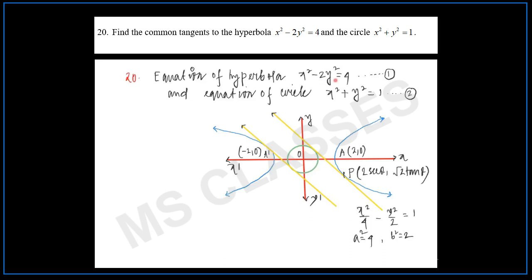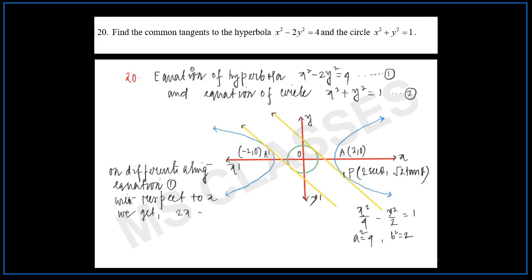Further, we have to differentiate the curve, because we know the slope of the curve at the point P equals the slope of the tangent at the point. So on differentiating equation 1 with respect to x, we get 2x minus 2 into 2y dy/dx equal to 0.